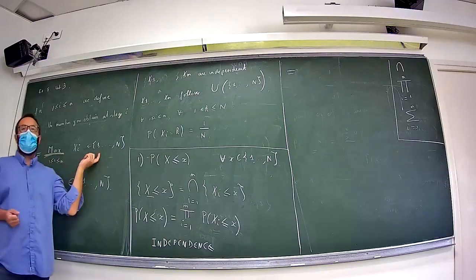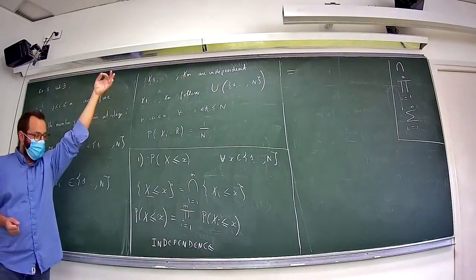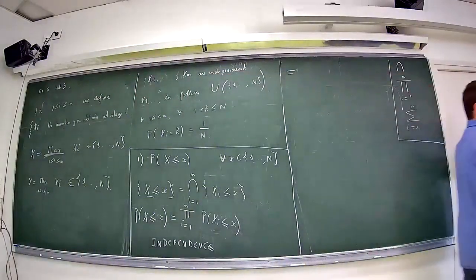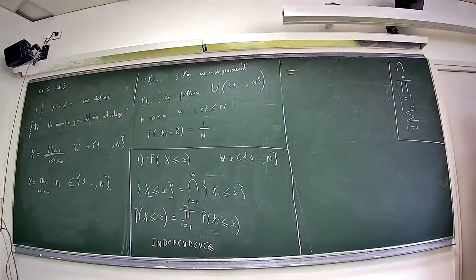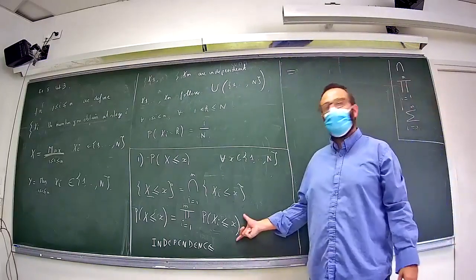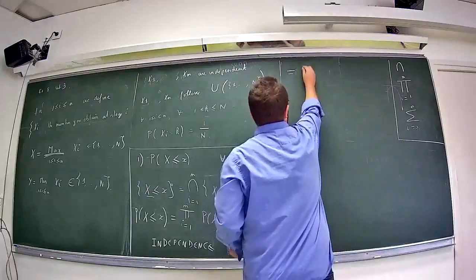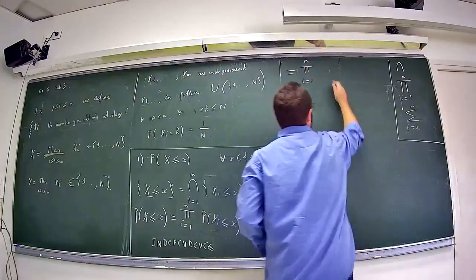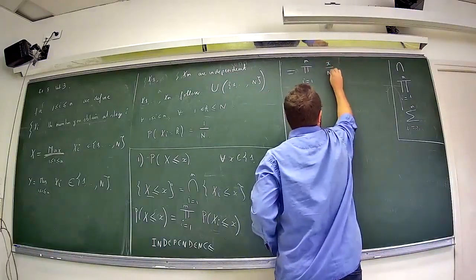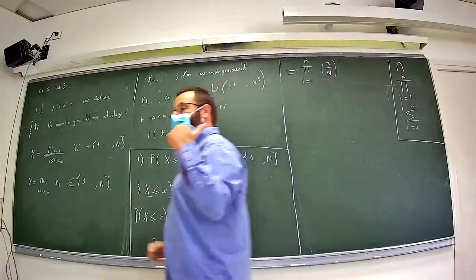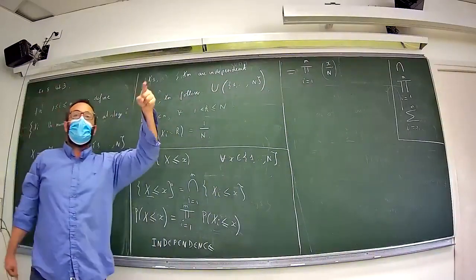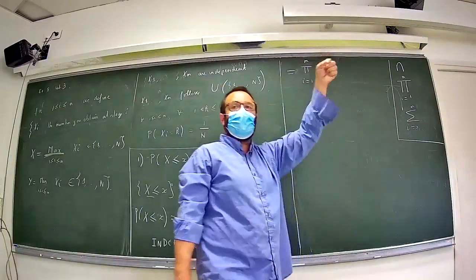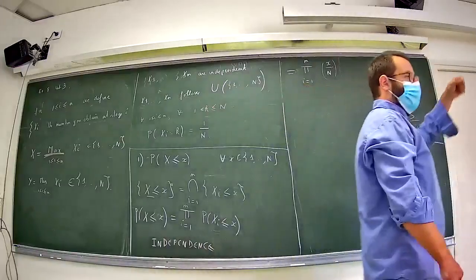We know that the xi are independent, and I have used this, and I know that xi follow a uniform distribution on 1 to capital N. So what is the probability that xi is less than small x, knowing that it is between 1 and capital N? Well, this is the probability that xi is equal to 1, 2, 3, until small x. How many cases? Small x cases. What is the probability for each case? 1 over capital N. So at the end, it's the product from i equal to 1 to small n of small x over capital N. I do small n times the product of the same quantity, x over capital N multiplied by itself small n times.